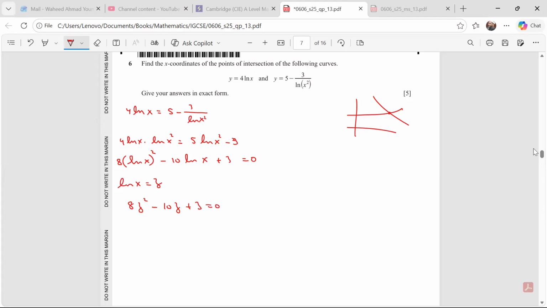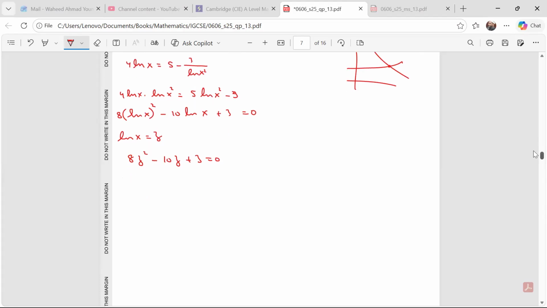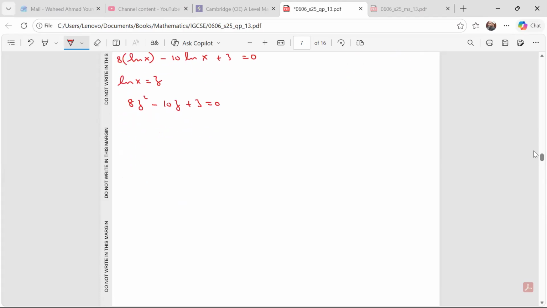Easy. I can solve this quadratic equation by factorization or by formula. Let's factorize: I can write 8z squared minus 6z minus 4z.